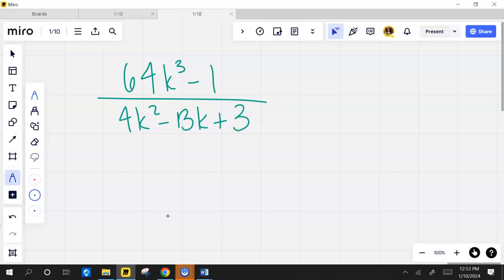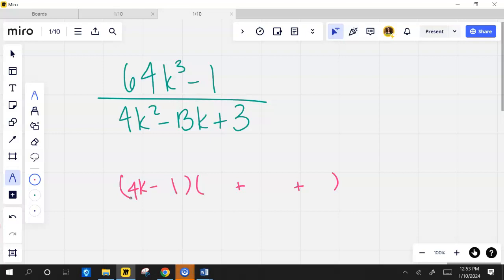I see a difference of cubes up top. Everybody see the difference of cubes? All right, so let's factor the difference of cubes. That's little parenthesis, big parenthesis, same change. What goes in the first parenthesis? 4K and 1.